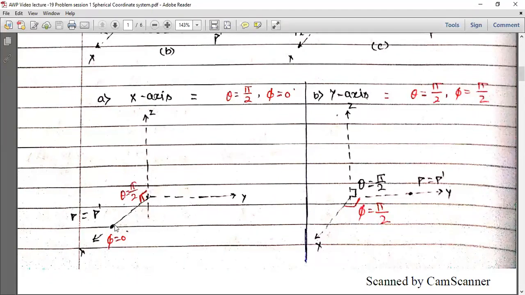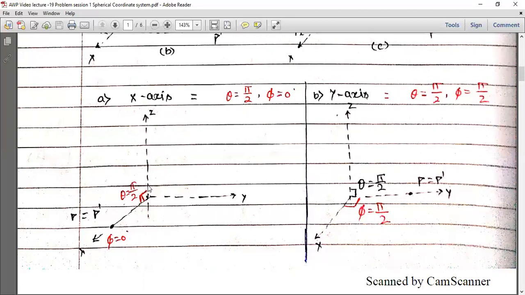Then, for finding the second angle theta, we join OP. When point P is lying on the x-axis, OP and the x-axis are the same. The angle of OP with the z-axis, measured from the positive z-axis, will be the same as the angle between the x-axis and the z-axis, and obviously this is theta.